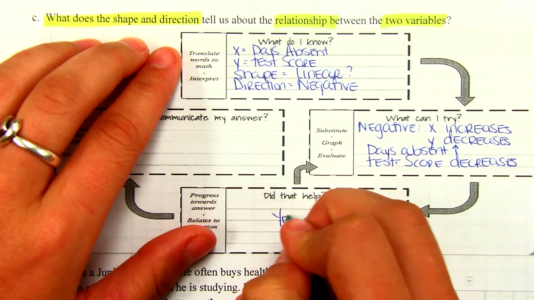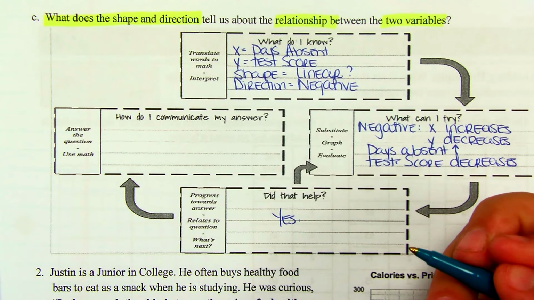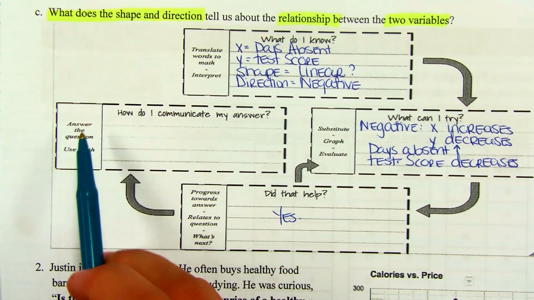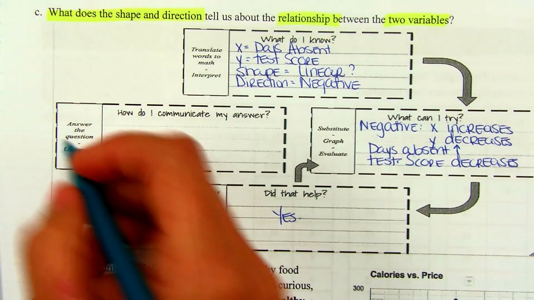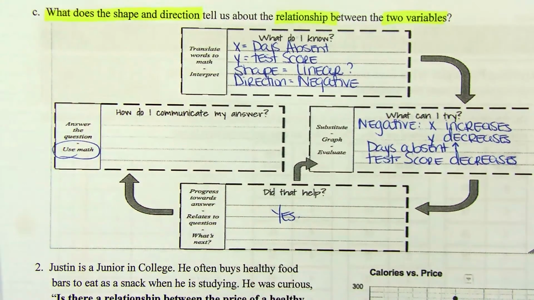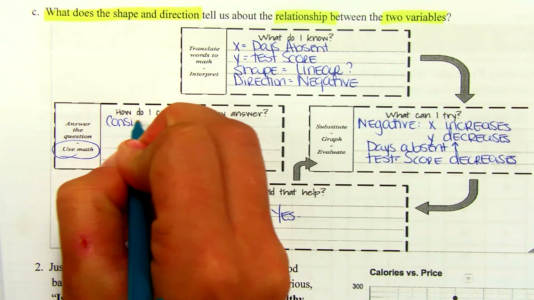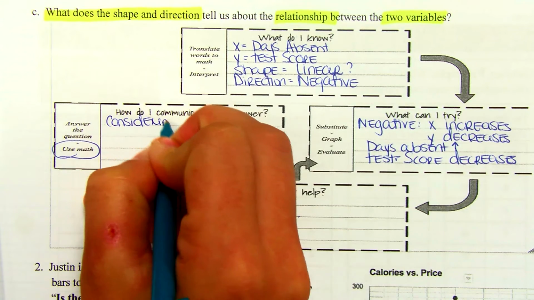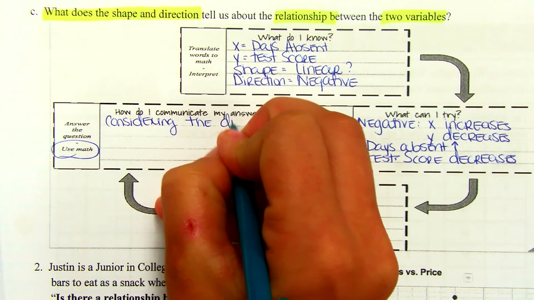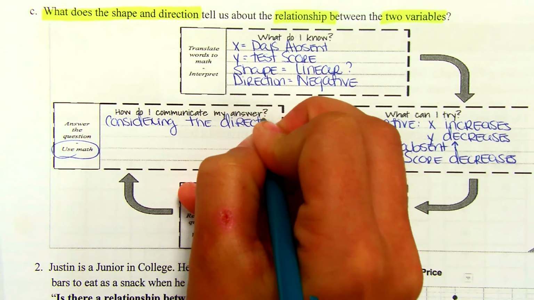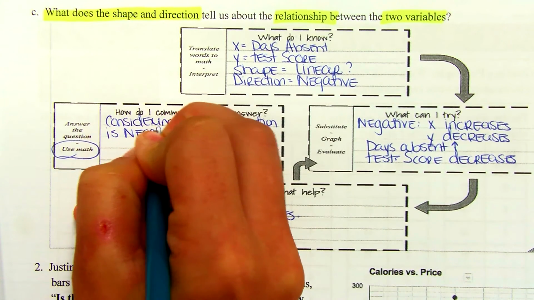So how do I communicate my answer? Well, I need to answer the question and I need to use math. So I'm going to start my sentence by using the math. I'm going to say something like, considering the direction is negative, which is something we know by looking at the graph.